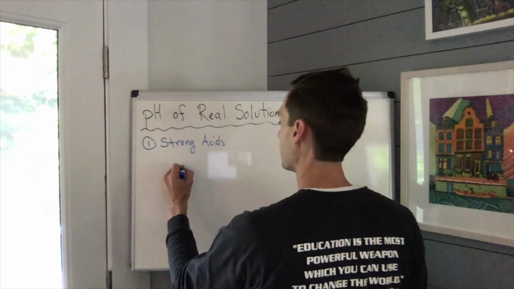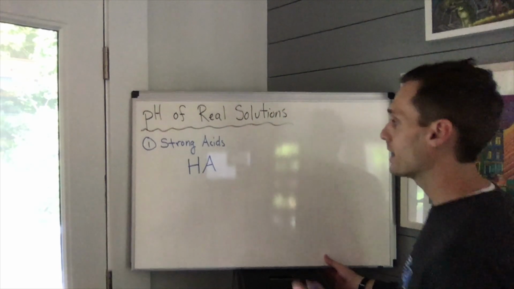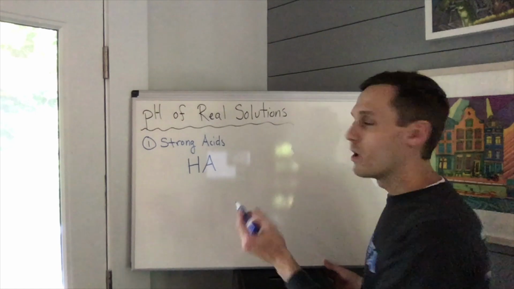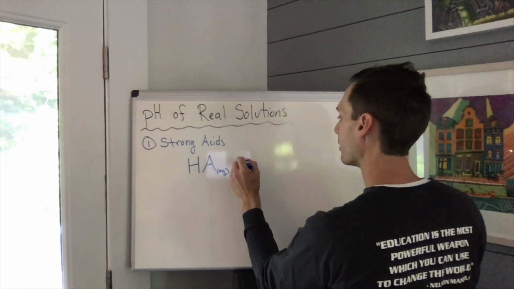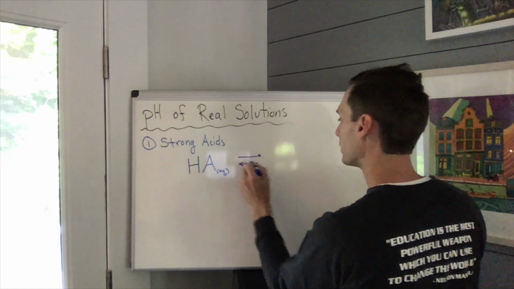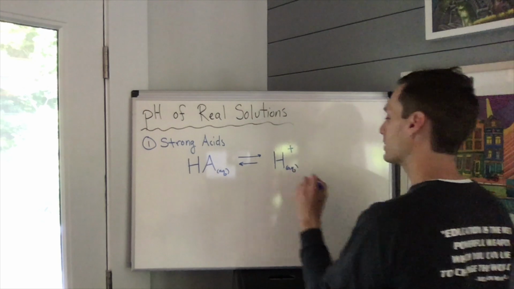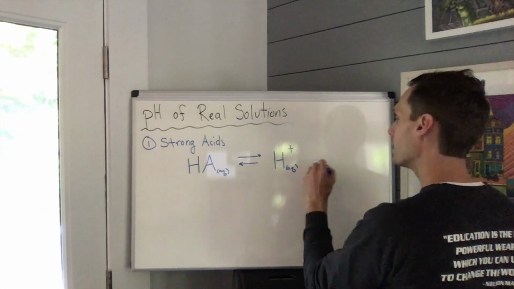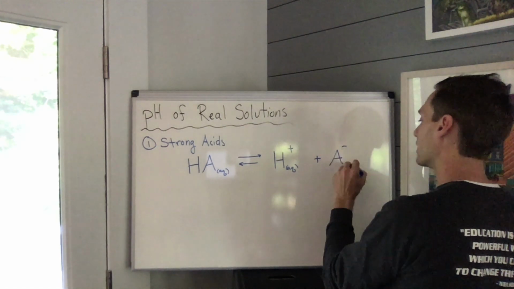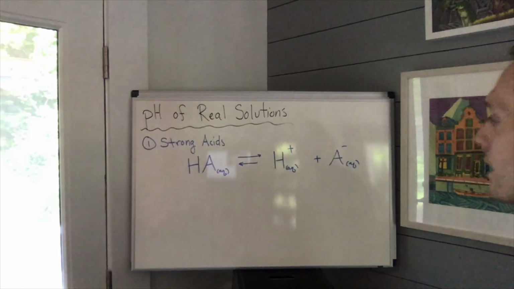So for a strong acid, if we start with our generic acid HA, and you put that in water, so I'll make it aqueous, you're going to come to some sort of equilibrium where you have protons now free in solution because they've been donated, and then you'll have this A-, which would be our conjugate base in this case.